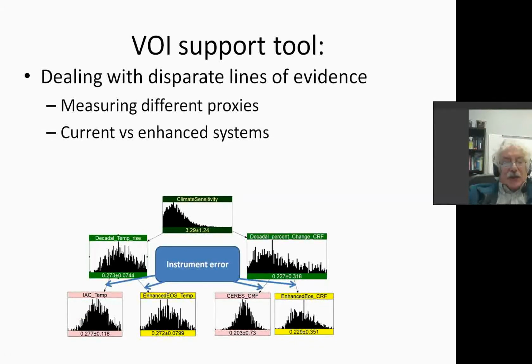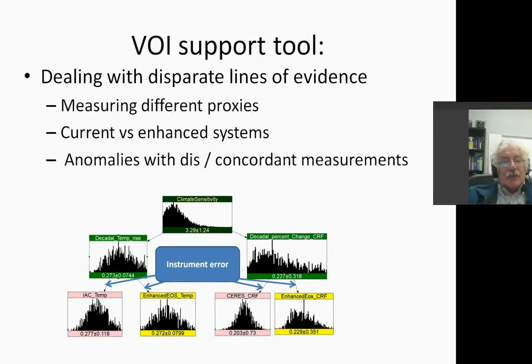And the engineers at NASA have been developing enhanced systems to measure these proxy variables. All of these measurements will be perturbed by measurement error. And this can be things like calibration drift, orbital decay, and so forth. However, the enhanced systems are designed to be much more accurate.